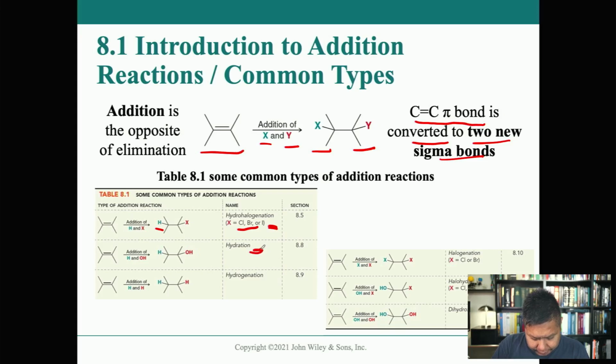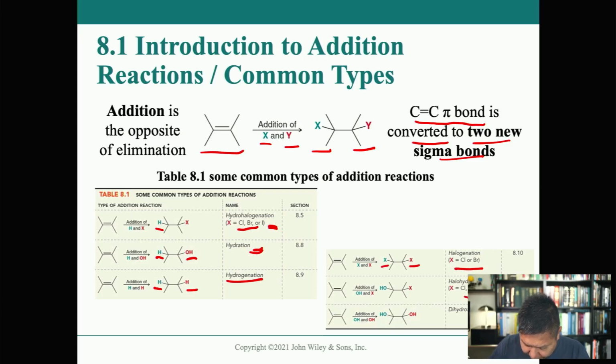A hydration reaction is quite literally water being added across the bond, like the components of water being added. Hydrogenation, 2 hydrogens being added. Halogenation, where you have 2 halides being added.